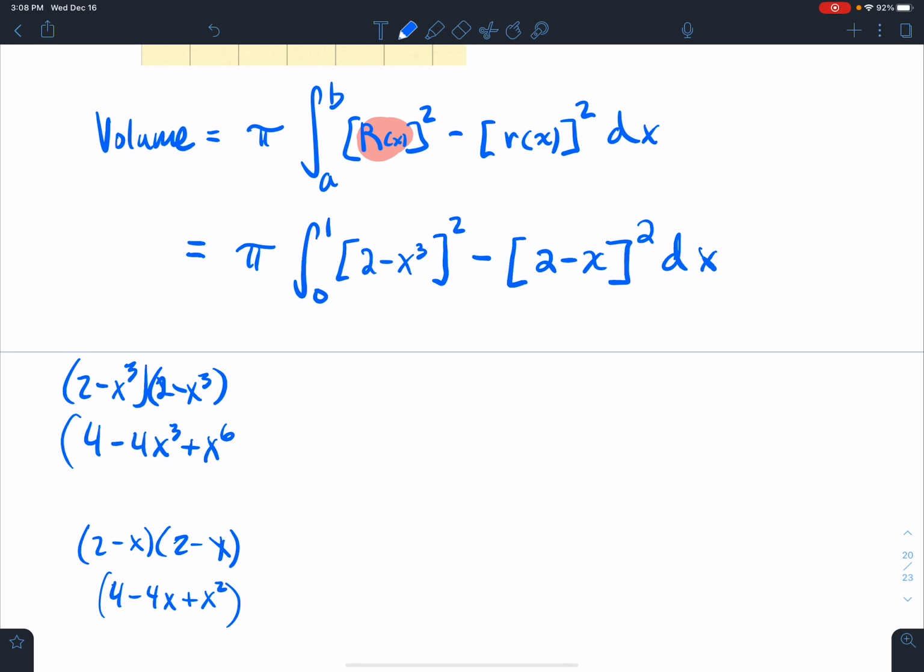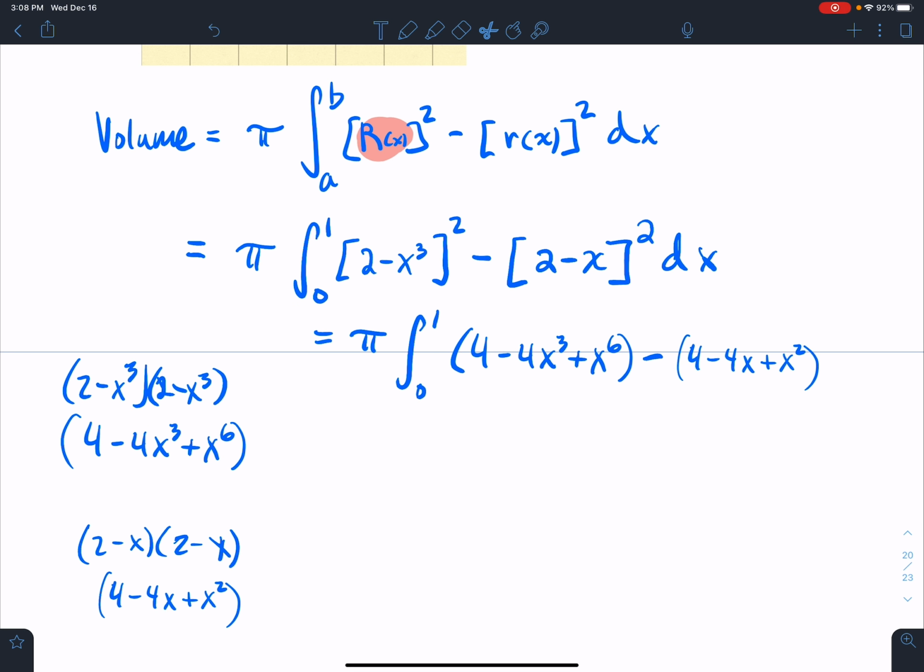Combine all these together. Remember, it's pi times the integral from 0 to 1 of (4 minus 4x cubed plus x to the 6th) dx.